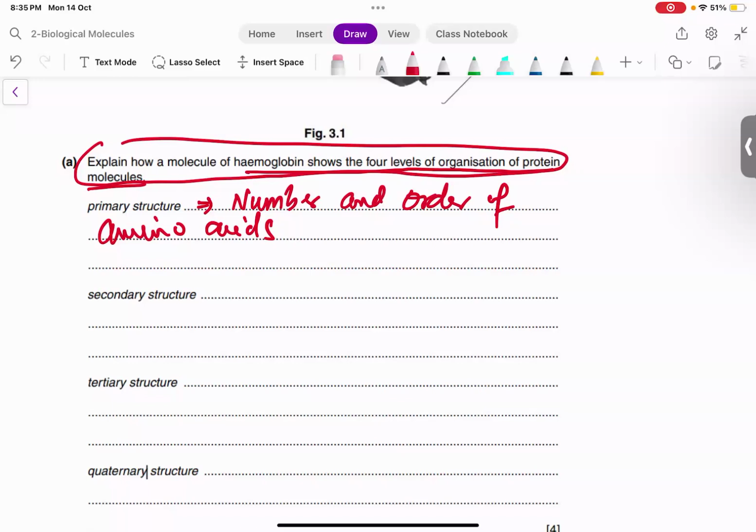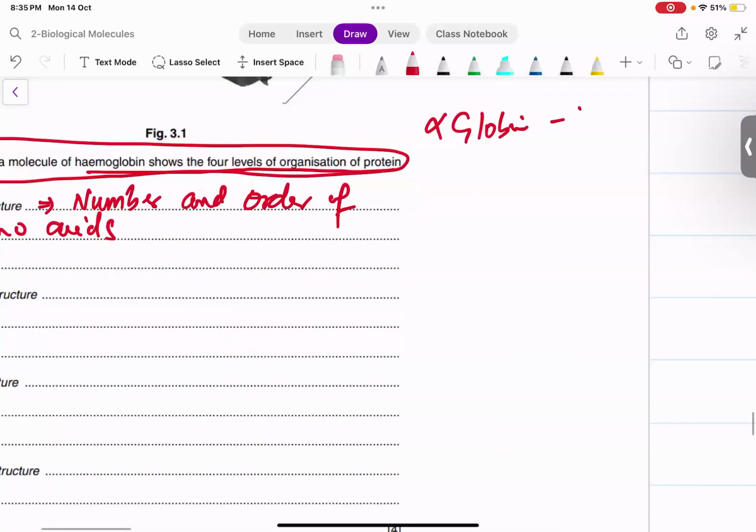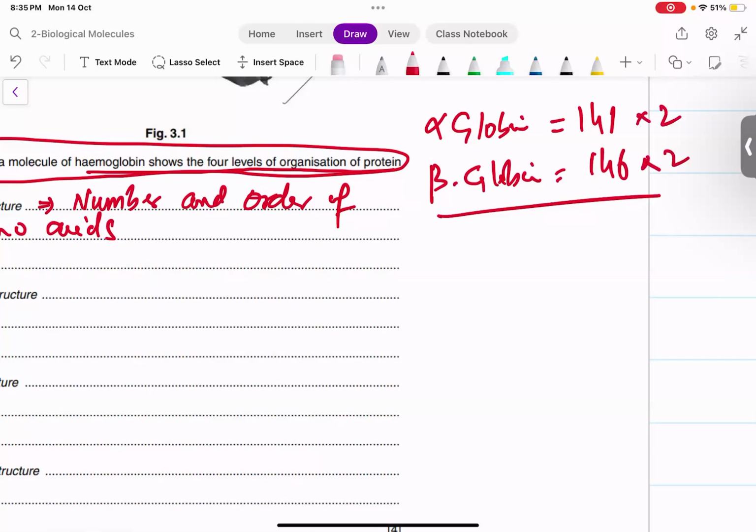Hemoglobin has 4 polypeptides, 2 alpha globin and 2 beta globin. Each alpha globin has 141 amino acids, and beta globin has 146 amino acids. So you can multiply it with 2 and calculate the total number of amino acids in a hemoglobin molecule.